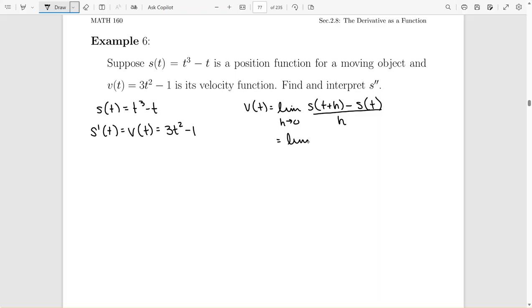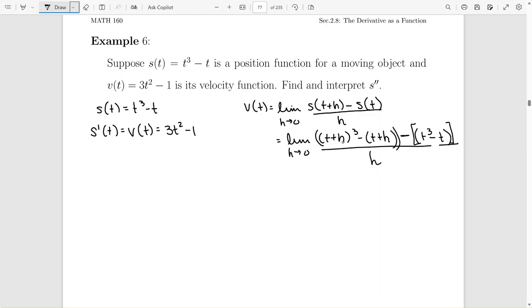So the limit as h approaches 0 of, put the t plus h in, t plus h cubed minus t plus h, minus, and then s of t is t cubed minus t, divided by h. Ooh, that's a hot mess.